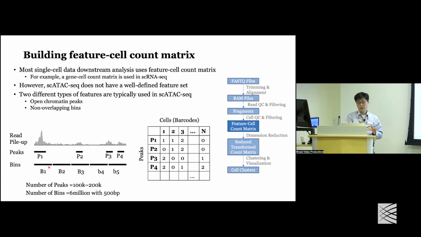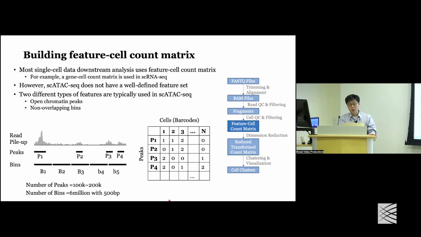Secondly, you can divide the entire genome into fixed length windows and use those as features. There are pros and cons for these two methods, but essentially those are the two major approaches for building the feature cell count matrix.